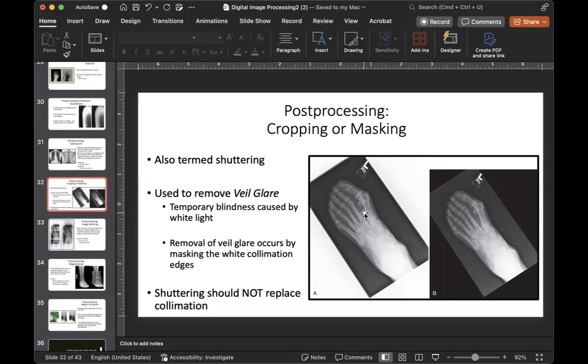If you write that as one of your answer choices for this document that you're about to submit, collimation, when it needs to be cropping, you are going to get a 0 for that particular answer choice. All right, because cropping and masking is not the same as collimation. Collimation is really affecting the patient.